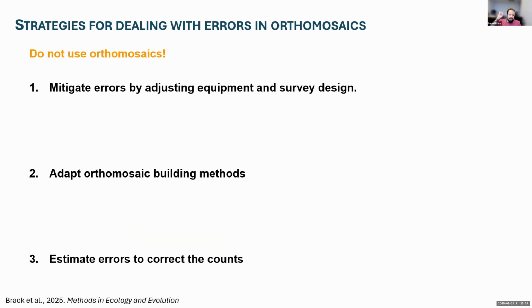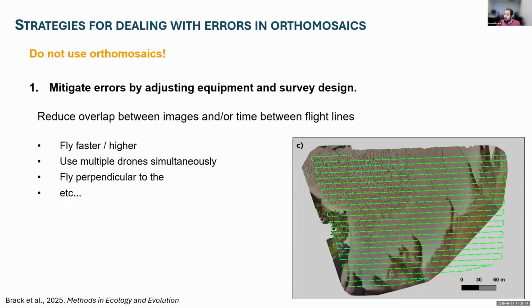We have discussed some strategies in this paper for how to deal with these errors. First, not using orthomosaics at all. I think that in many cases we can avoid using orthomosaics. We can just use the individual images to count animals. We can try to mitigate the errors in the orthomosaics by adjusting equipment or survey design, for example, flying faster or using multiple drones at the same time.